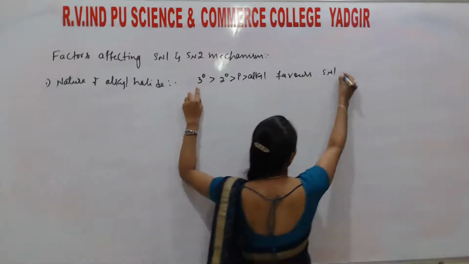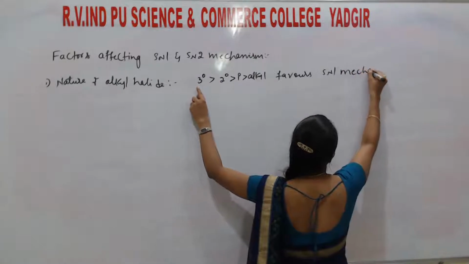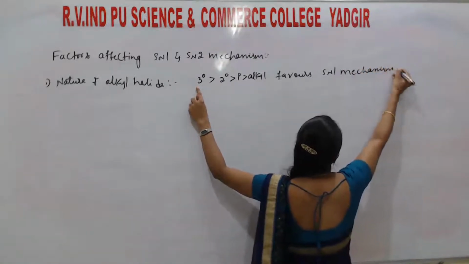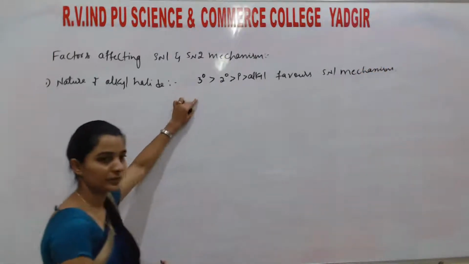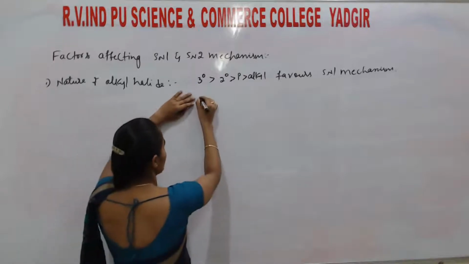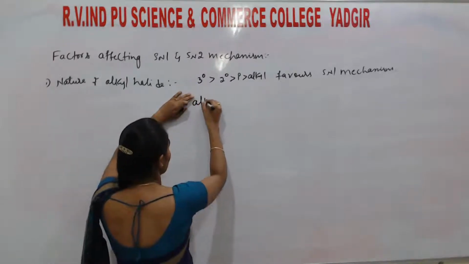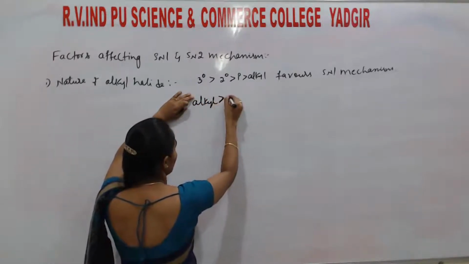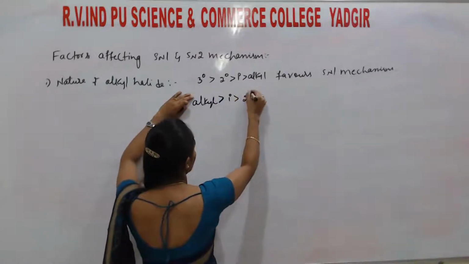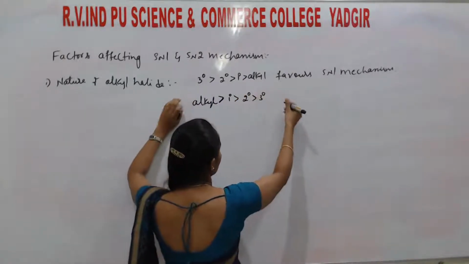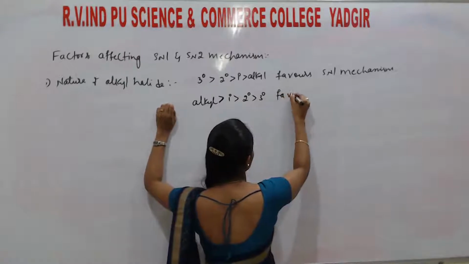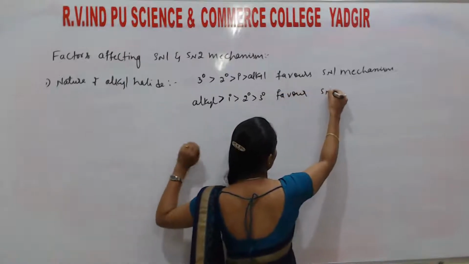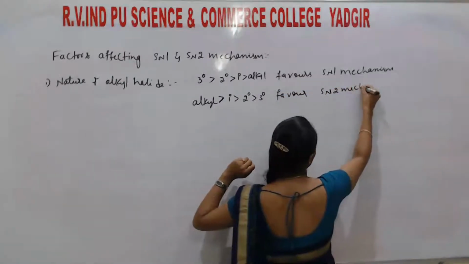If tertiary alkyl halide is there, that is more favorable towards SN1 mechanism. Similarly, opposite to this, if methyl greater than primary, greater than secondary, greater than tertiary, then it favors SN2 mechanism.